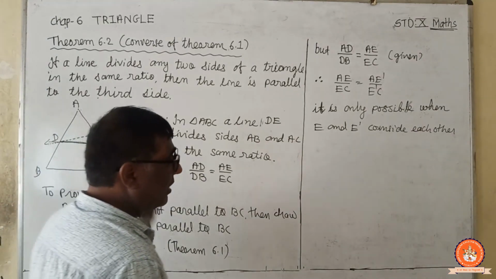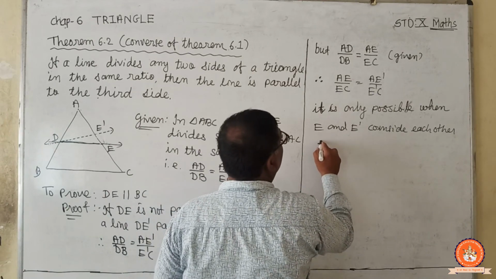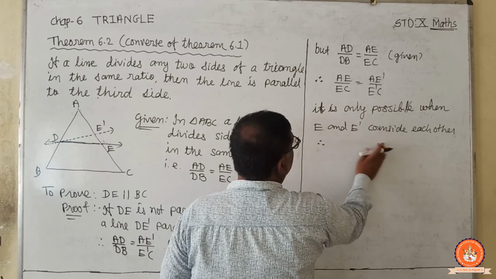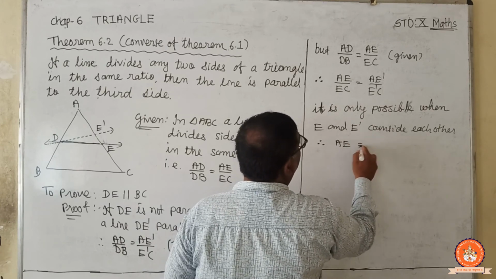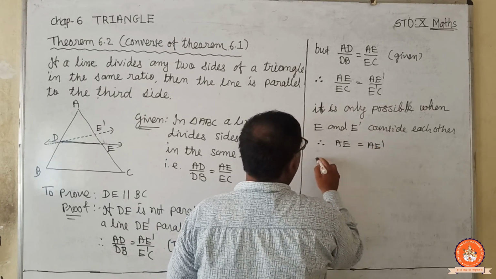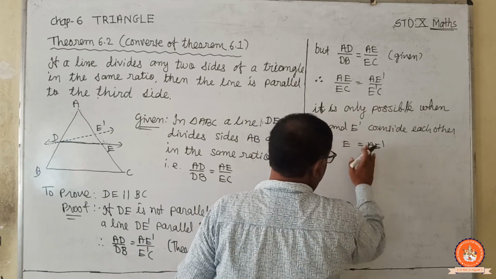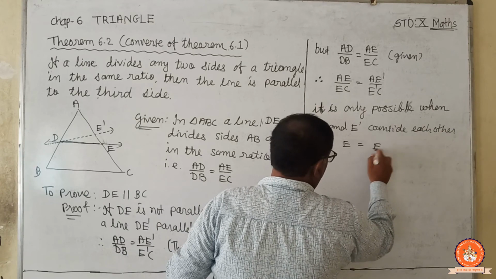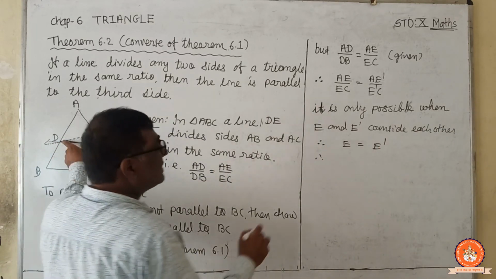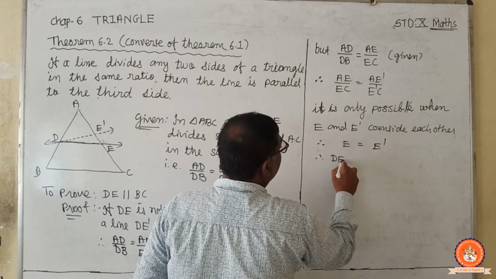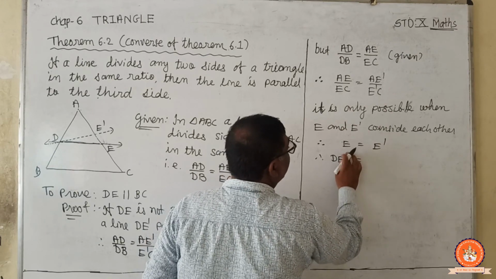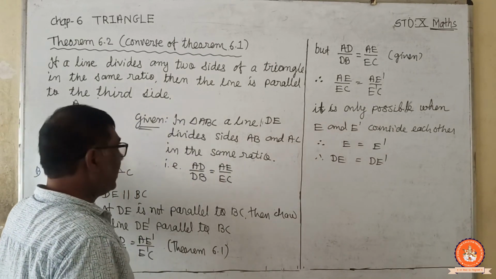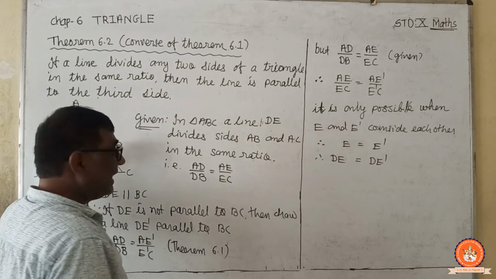Means what? Therefore E is equal to E dash. Both are the same point, and therefore DE is equal to DE dash. Both are the same, both lines are the same line.